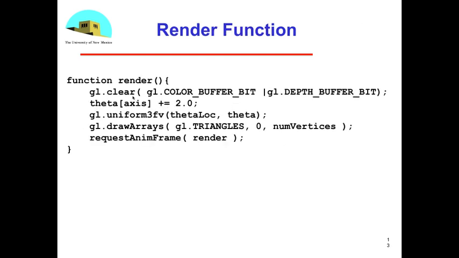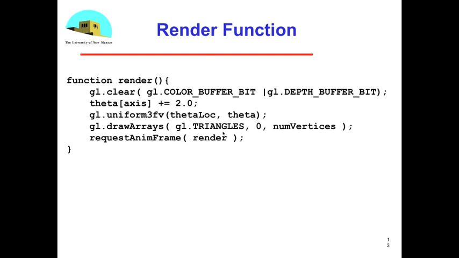So here it is. Clear the buffer each time through, increment that particular direction angle by 2 degrees, send all 3 angles over as a uniform, and then draw the arrays.